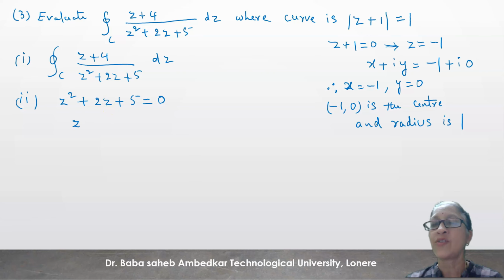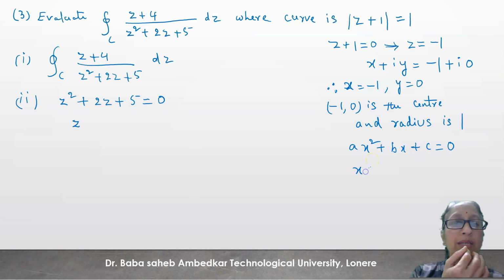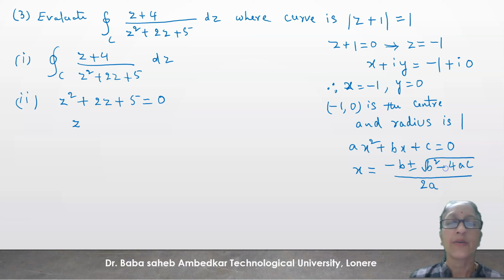You can find the value of z by splitting this expression into factors or by using the formula method. This is just like ax square plus bx plus c equal to 0. So the roots of this quadratic equation are x equal to minus b plus or minus square root of b square minus 4ac upon 2a. Using this formula, we can find the value of z.